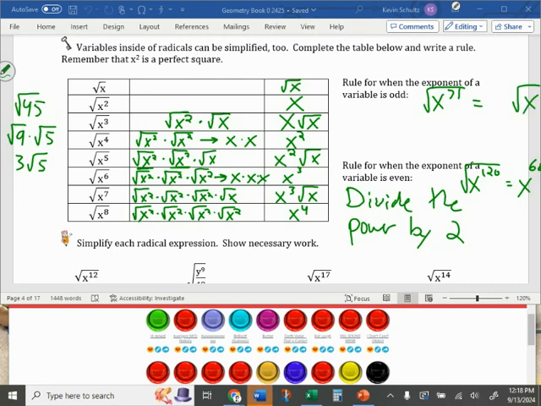X to the what? 35. How do you get 35? 70 divided by 2. So you subtract 1, then divide by 2.